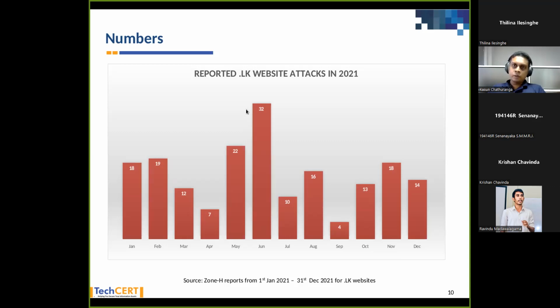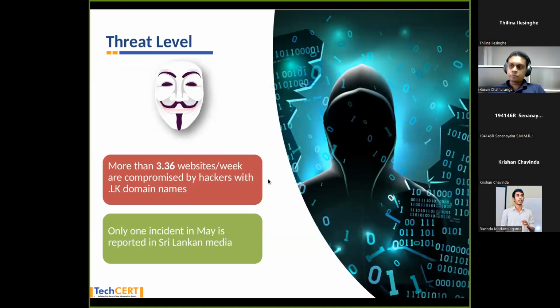So many of these numbers will not come to the media. Mostly, if it is attached to a political situation or it is a slow news time, these things will appear in news media and get some attention.